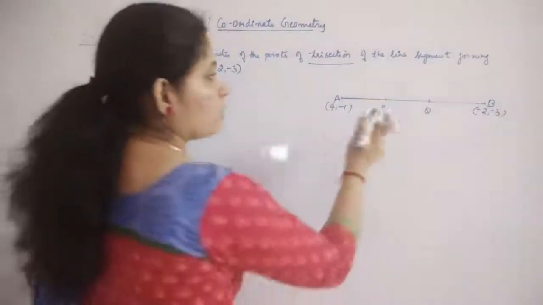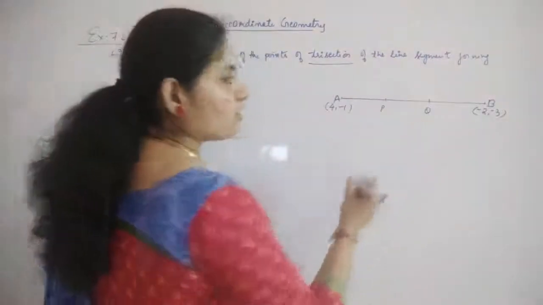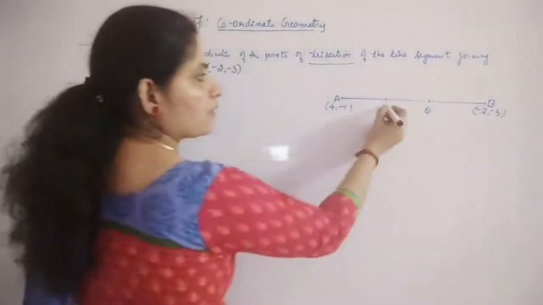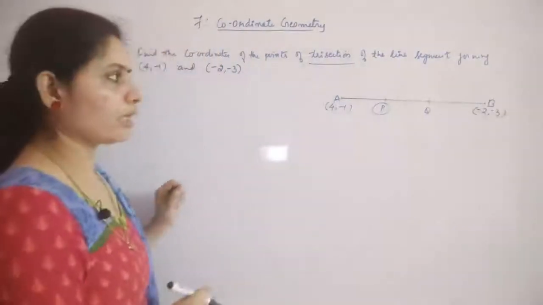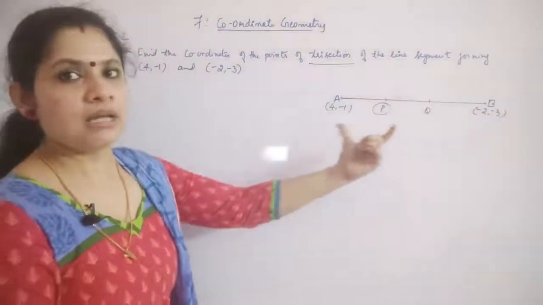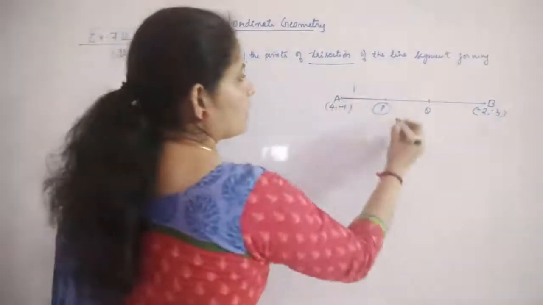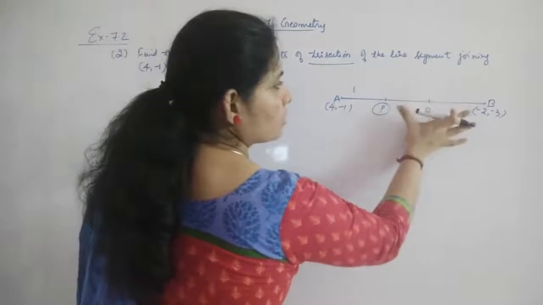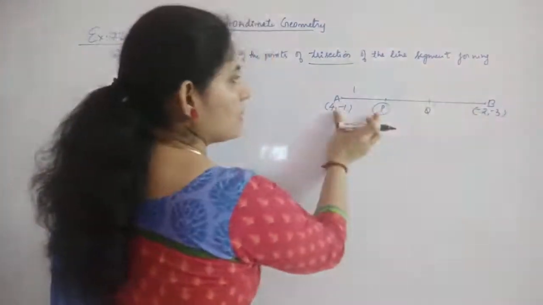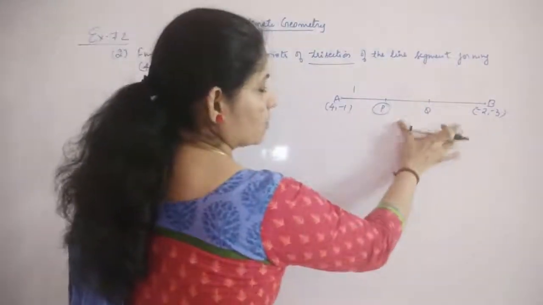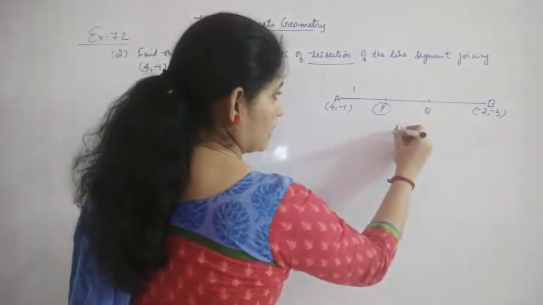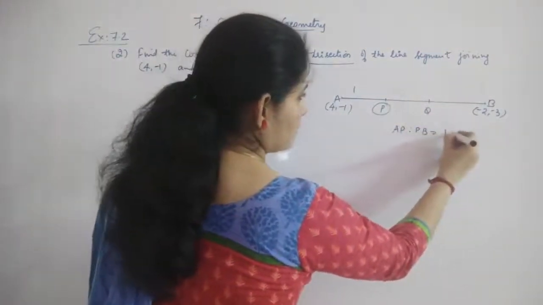Now, in order to find the coordinates of these 2 points, first when we consider P as the point which divides AB, it will be in the ratio 1:2. These two together, so AP is to PB will be 1:2.